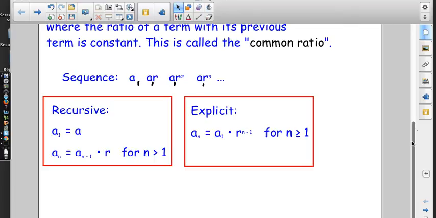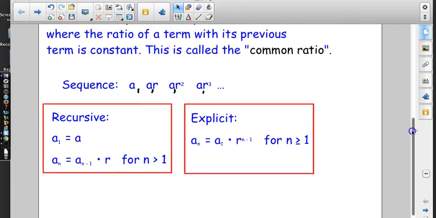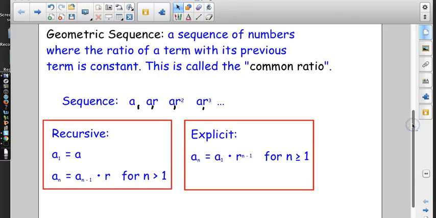So those are the formulas, this is the definition, and they need to go on the front page of your packet. So flip it over, find that column for geometric. We want our definition and our two new formulas.